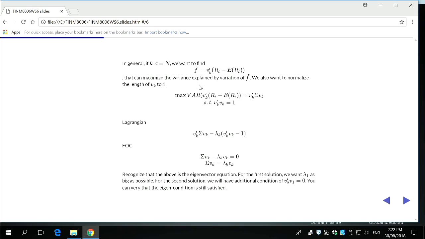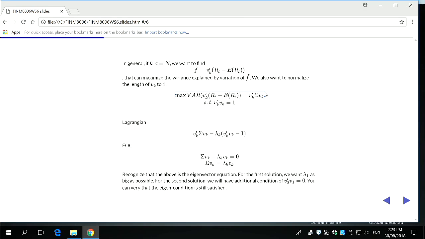Right, so the biggest variation in f, in that variance covariance structure. So what we can do is to just maximize the variance of this f tilde, which is v prime k times rt minus expect rt.